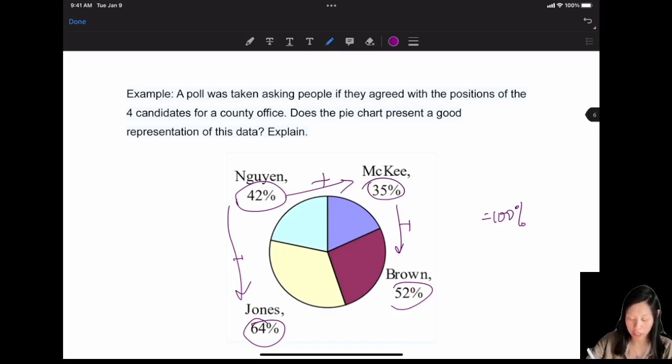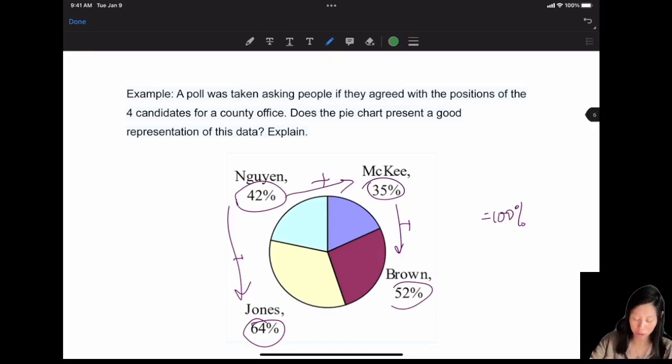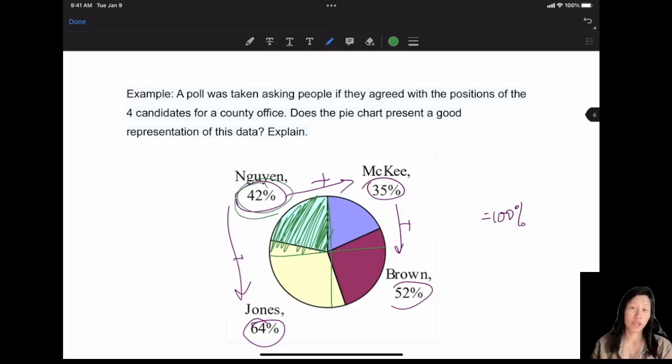Because when you look at this one, so I should use blue because there's not blue, green. Look, if I cut this evenly into 4 pieces, we know that each piece should be 25%, right? But look at this candidate. It's definitely less than 25%, but somehow it says 14.2%. So this is not a really good representation of the data.